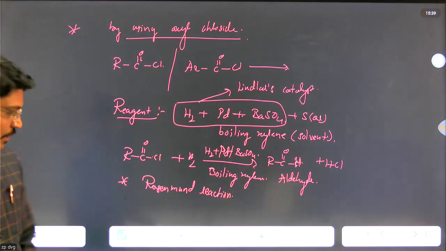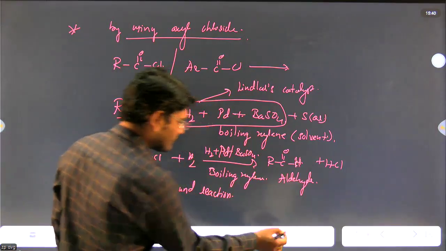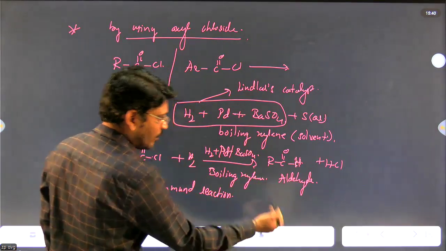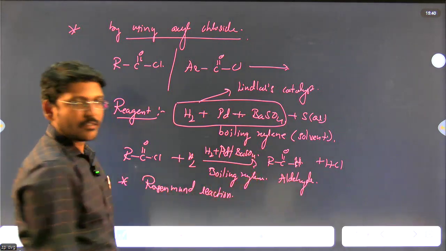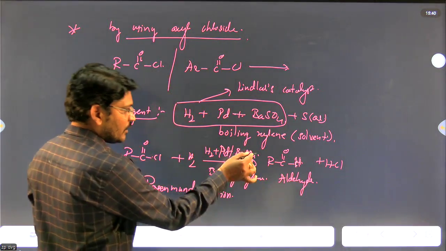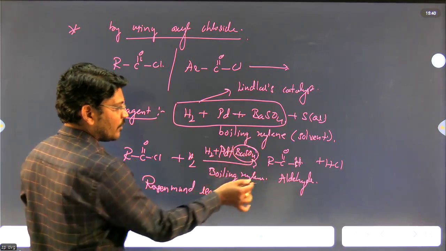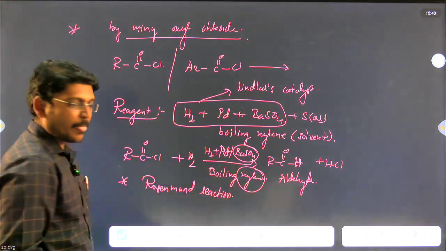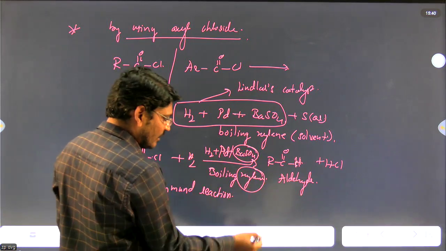The Rosenmund reaction is used to convert acyl chloride into what? Aldehydes. And one more special character is there actually. Why are we going to use BaSO4, and what is the reason why we are using xylene also? So normally we know this Lindlar's catalyst.